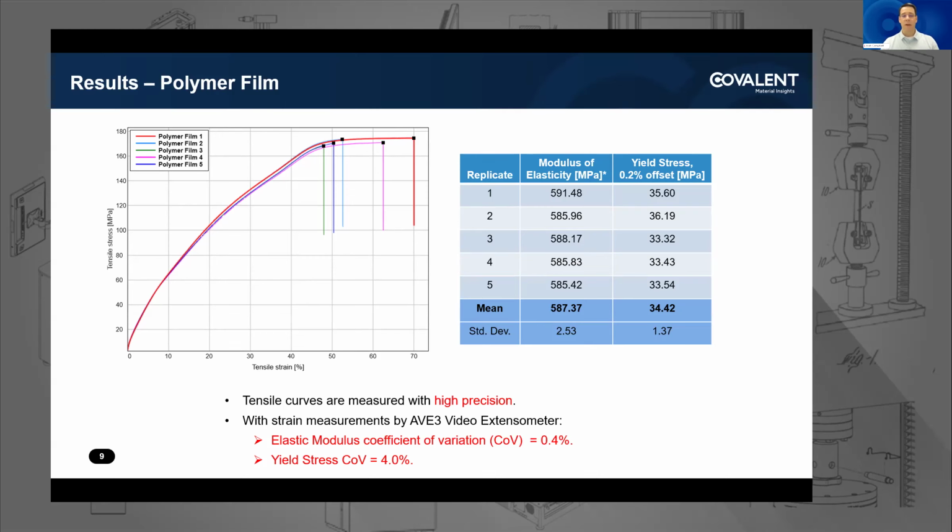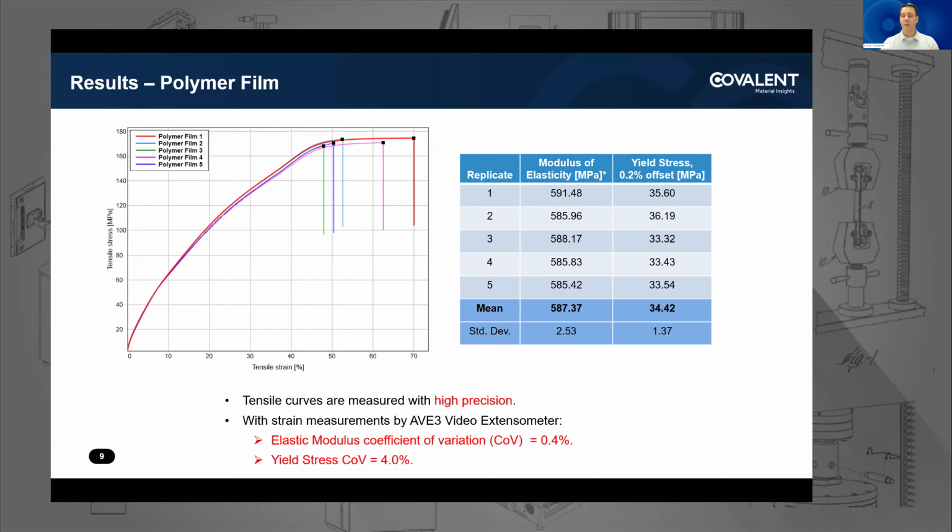Key point here at the bottom of the slide is that the tensile curves are measured with high precision. To me, it's very impressive how much these curves overlay one another up to the point of the tensile strength. In terms of quantifying a little bit, the elastic modulus coefficient of variation is 0.4%.